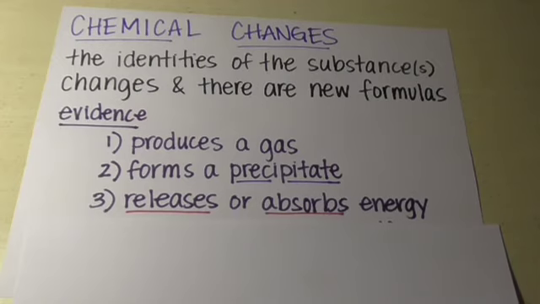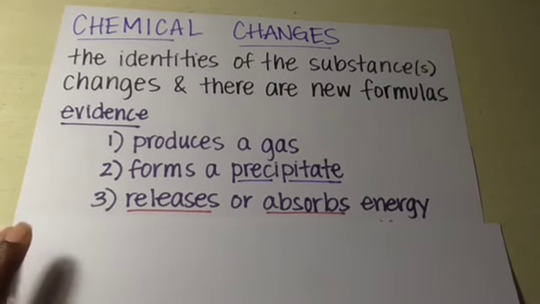That's not to be confused with boiling water, because you added heat to get that to occur, so of course it's going to feel warm. But if you mix two things at room temperature and you don't add any heat and it suddenly gets warm, or you add two things together and it gets cold, that's an indication that there was a chemical change.